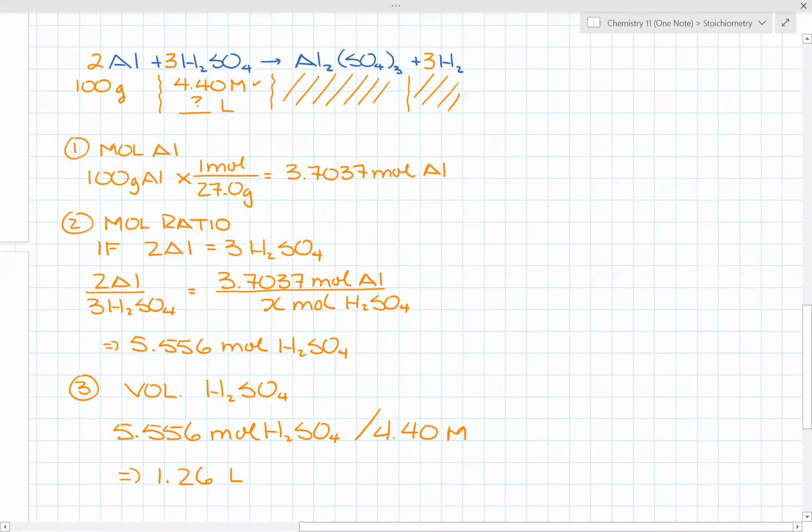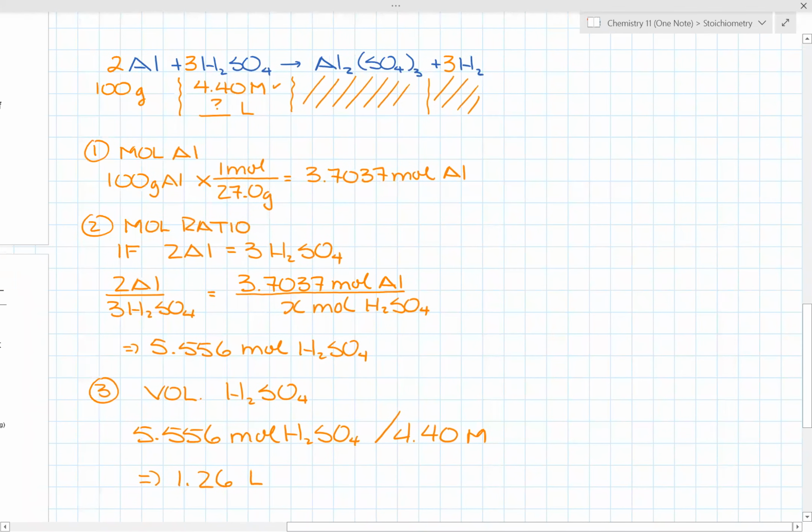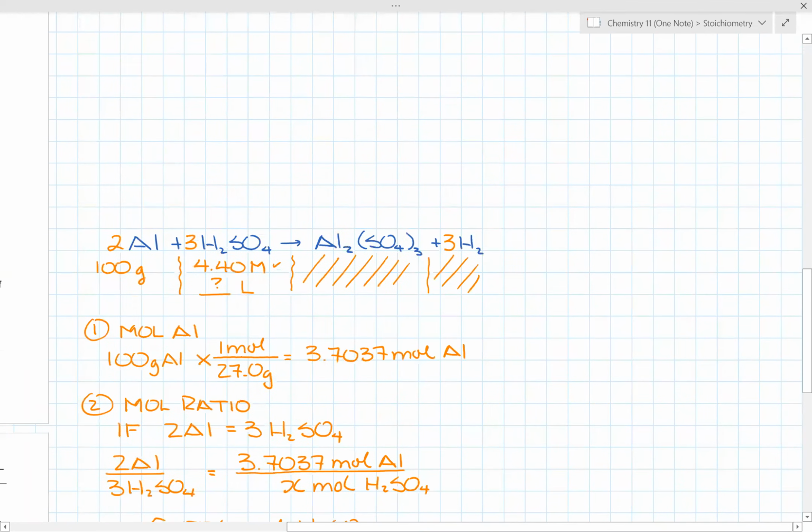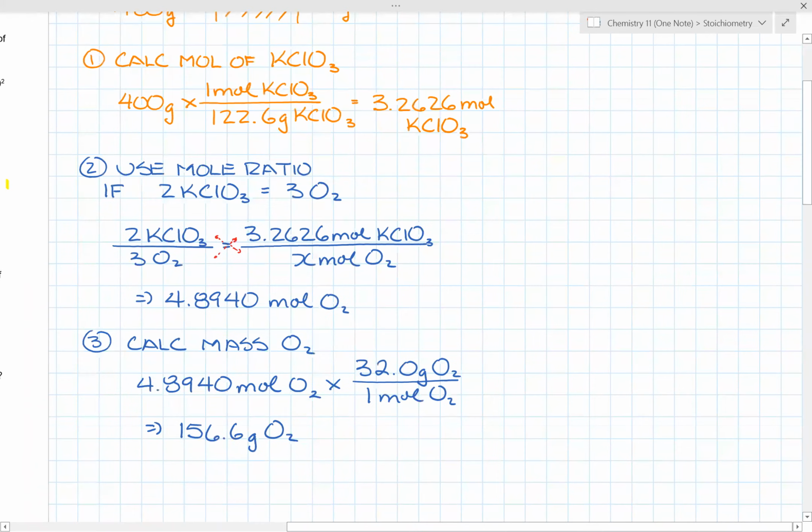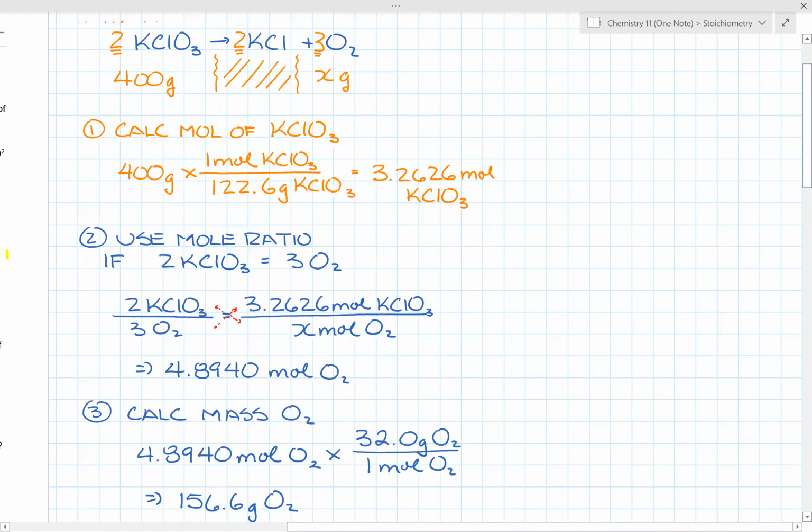Okay? So what you can do is take a look at this question and notice even though the units are different, in this case we have grams, molarity, and liters, and we're looking for another reactant. Compare that to the first example where you had grams going to grams, reactants to products. Doesn't matter how this question is set up, notice the steps are exactly the same.